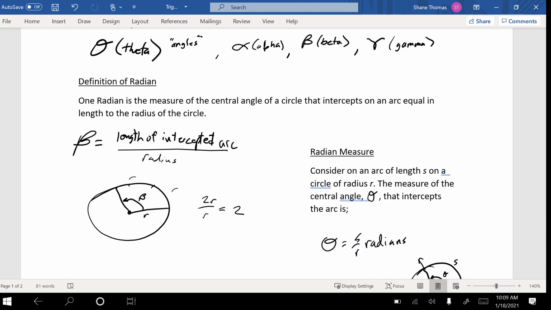That RAD is radians. So we will have to look at our calculators at some point and be able to go back and forth between degrees and radians and know at which times to use each one. All right, we good to move on?